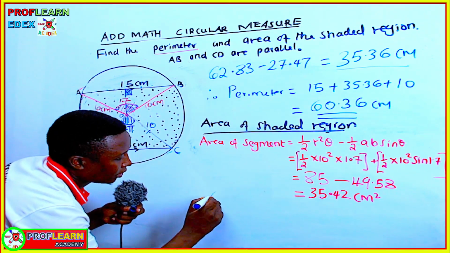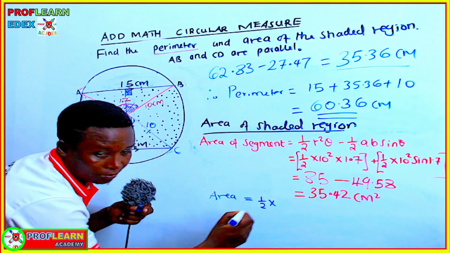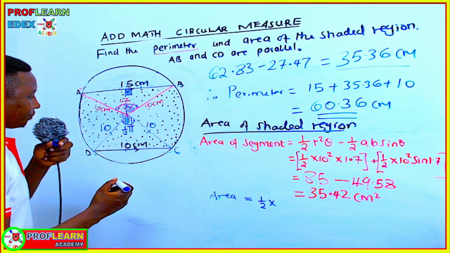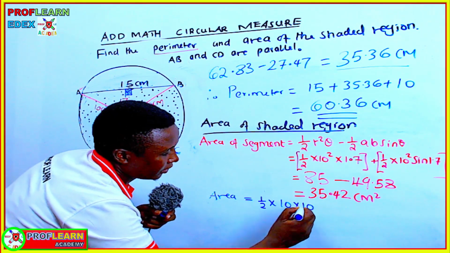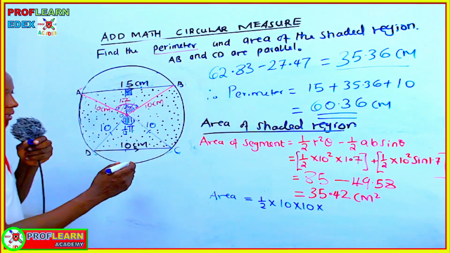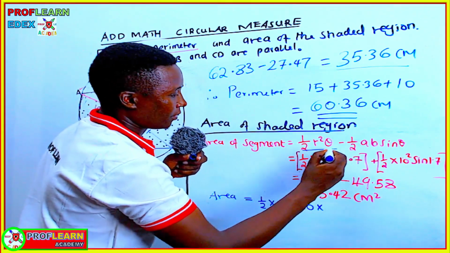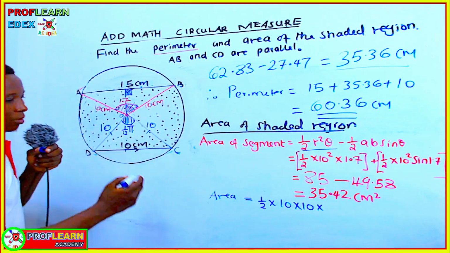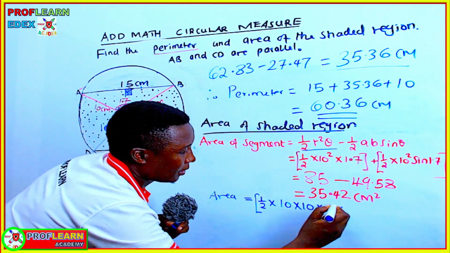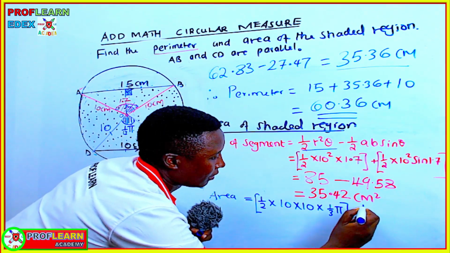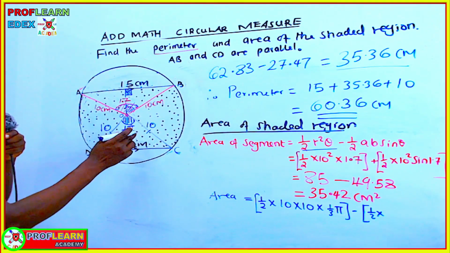So the area is a half times r squared, which is 10 times 10, times the angle, which is a third pi, subtract a half times AB sine theta.